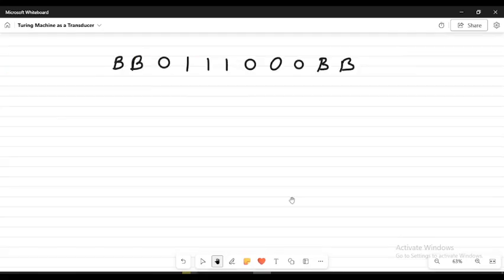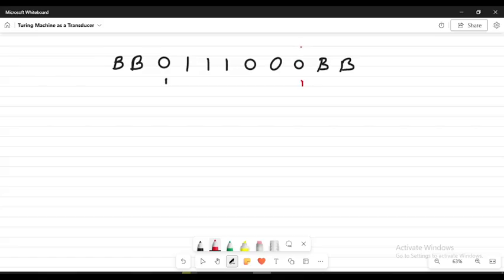This is the input symbol we give to the Turing machine. Whenever you give any input symbol to the Turing machine, your read-write head will always point to the first symbol itself. So what we have to do is take this read-write head and point it to the LSB, the rightmost bit of the input string.